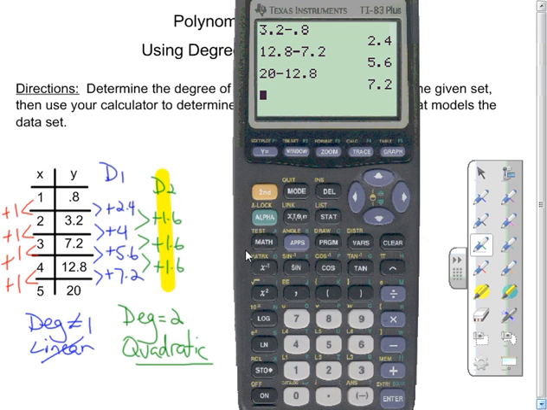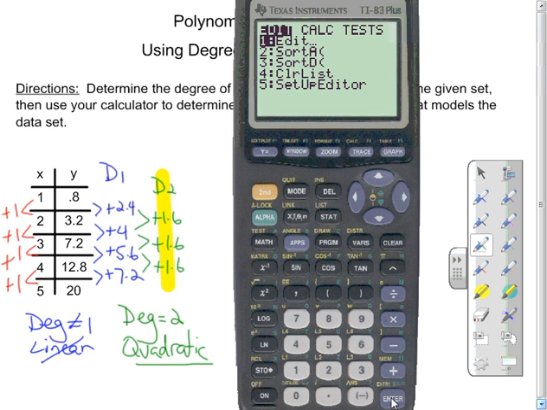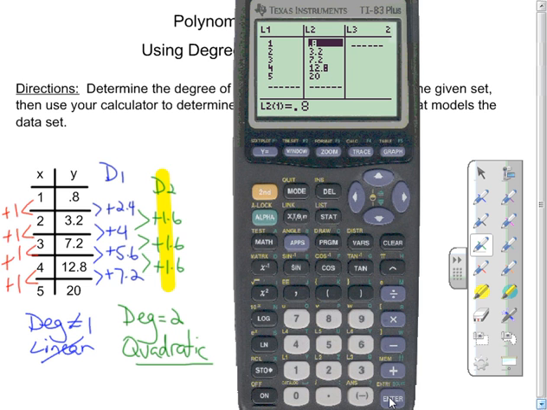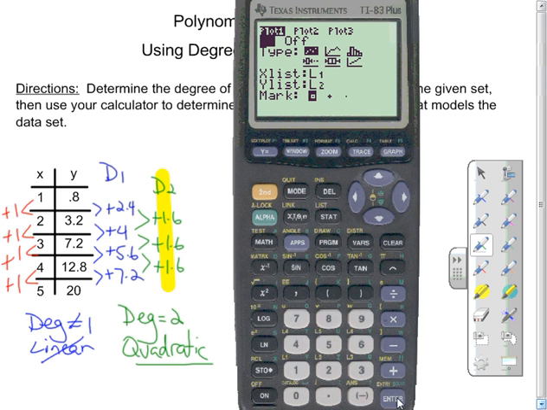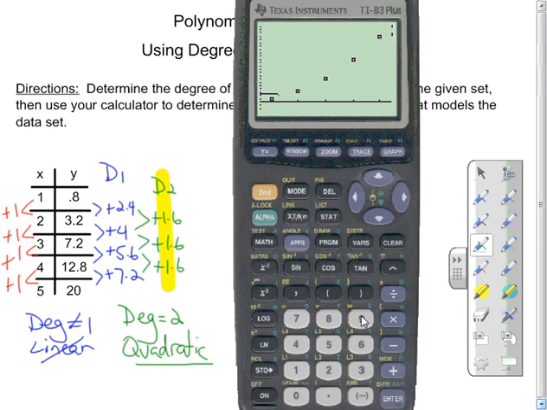So I've saved a little time here on my calculator to show you how I'm going to do this. If you notice, when I hit my stat button and hit edit, I've got the data set already listed in. So doing that's pretty easy. And then I'm going to go to second stat plot and make sure that it's turned on so I can get a graph of the data. And then I'll hit zoom 9 and the data is graphed.